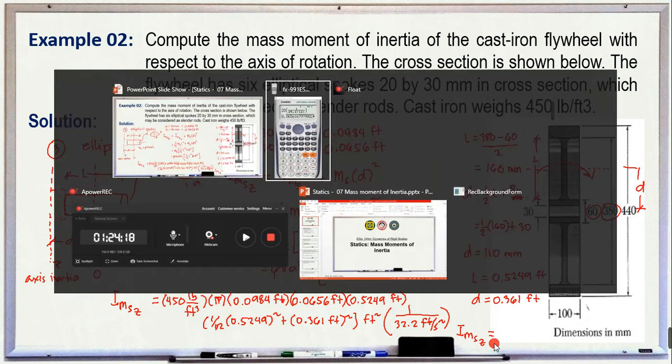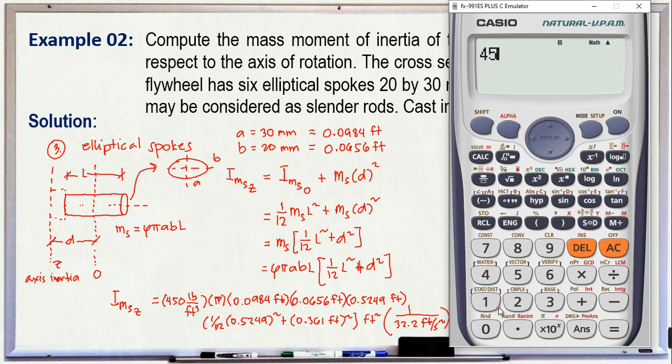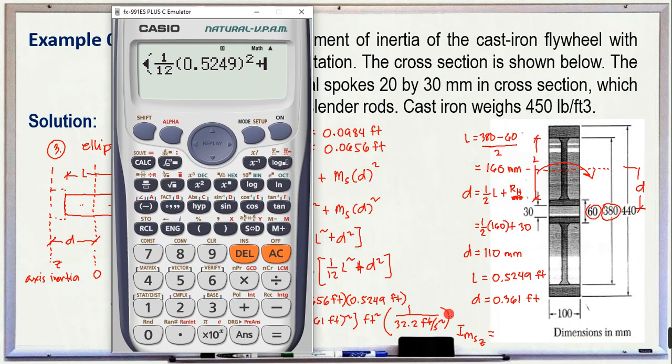Okay? So let's calculate. We have 450 times pi times A, 0.0984, times B, 0.0656, then the length, 0.5249. Then the answer times, inside, 1/12 times L again, 0.5249 squared, plus our distance, 0.361 squared.